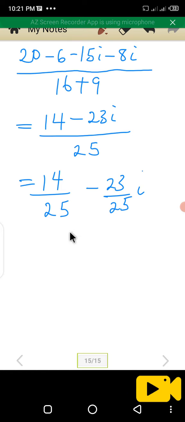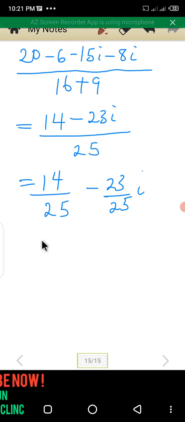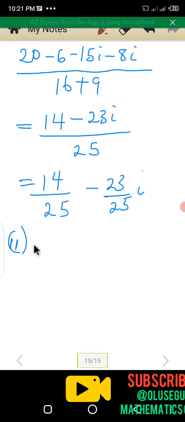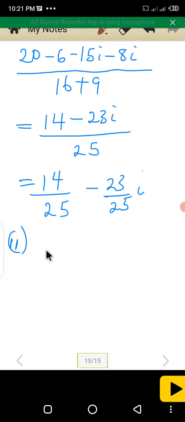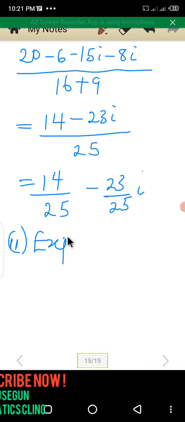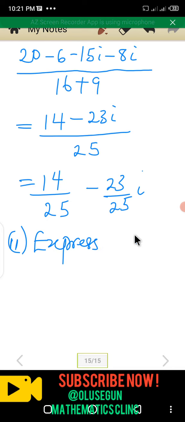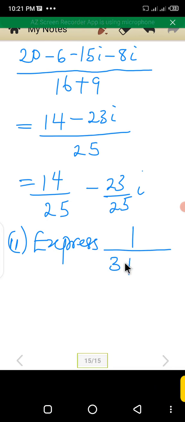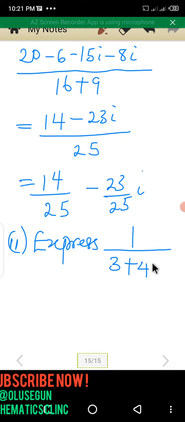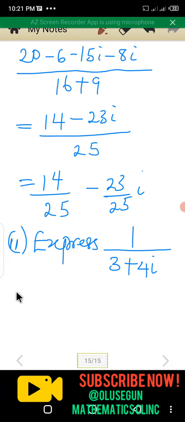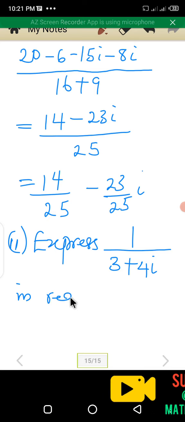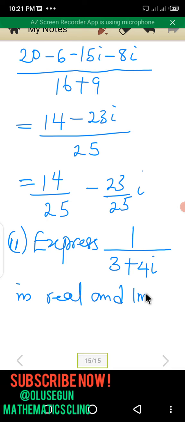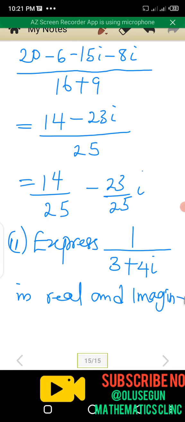Let's solve the second. It says express 1 all over 3 plus 4i in real and imaginary parts.